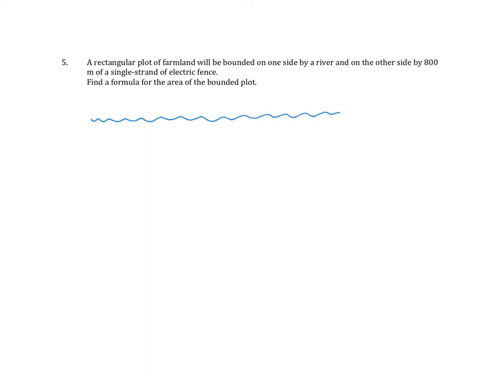And then on the other sides by some fencing. It's a rectangular plot of farmland. That's just an example of one possible rectangular plot. We'll call that x and call that y, and we want to find a formula for the area of this.